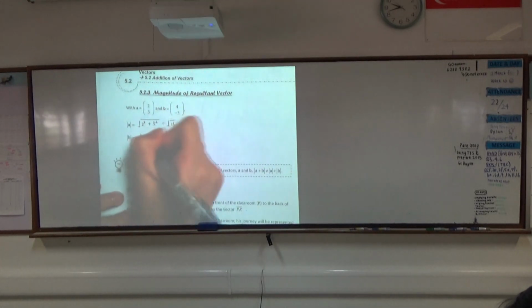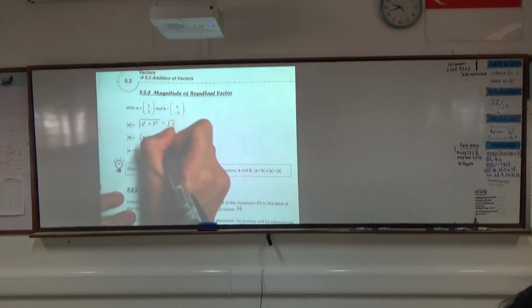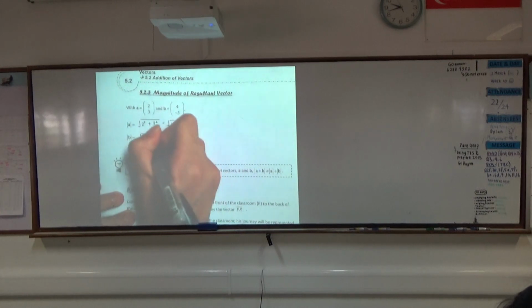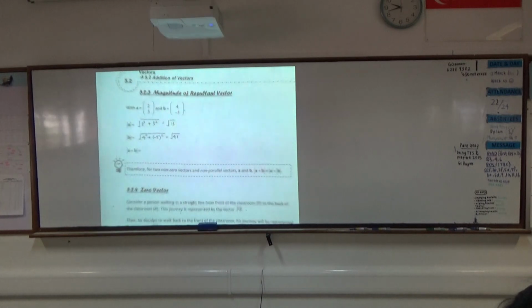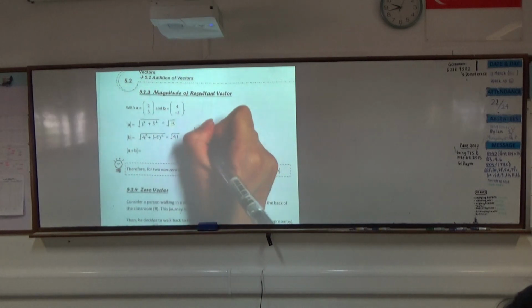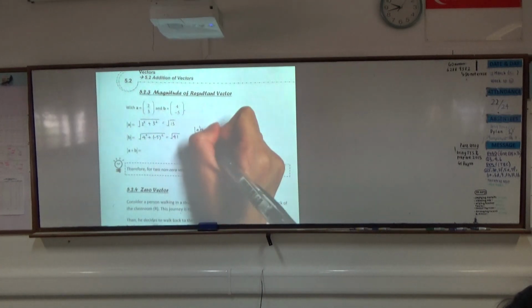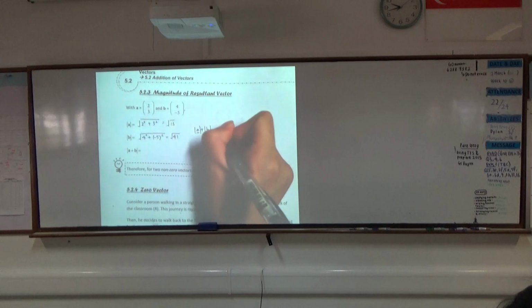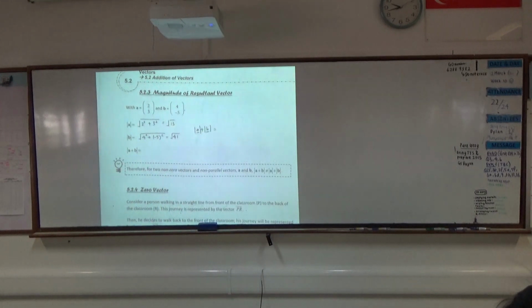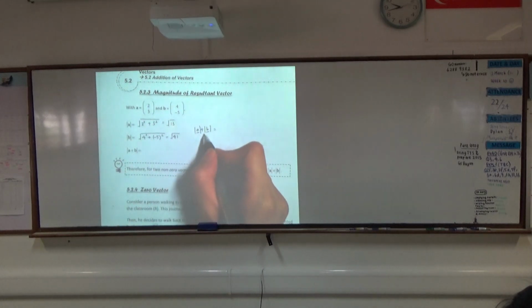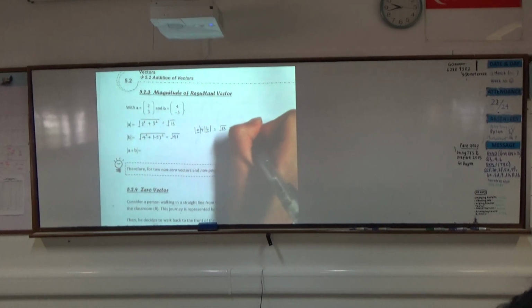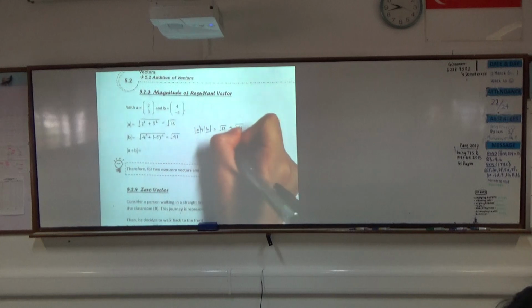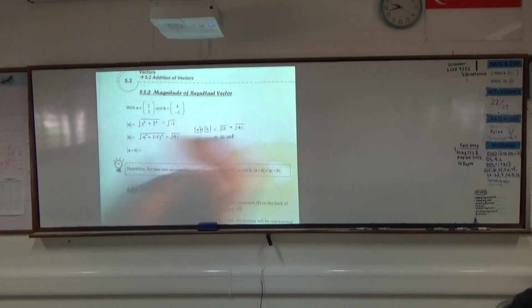While the magnitude of B is 4 squared plus negative 5 squared, and we get square root of 41. So it does seem as though if we add the magnitude of A plus the magnitude of B, we are getting square root 13 plus square root 41, and that gives us about 10.008.